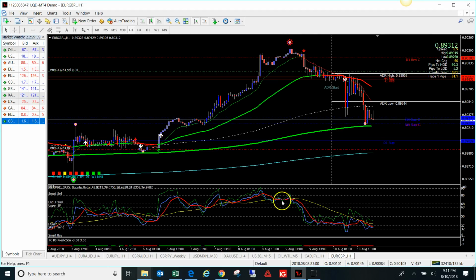So like I said, the Doppler is very powerful. So when you get that cross, that's a really good confirmation. The cross down for the sell, cross up for the buy. Okay, so again, that's going to be your early bird entry. All right, and you have to pay attention to what price is doing.